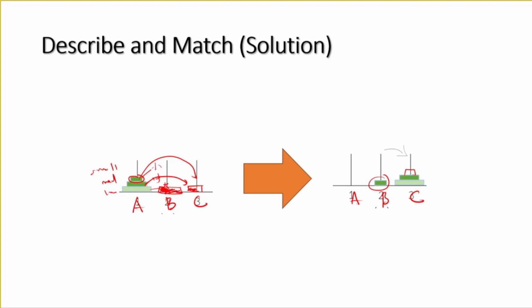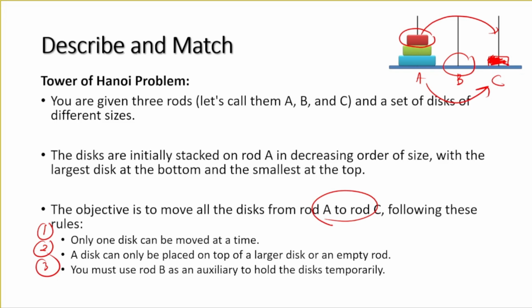Okay, understand? That's the second rule. Then what happened to the third? Now, rule number 1: B and C cannot be moved at one time simultaneously. So meaning one by one, right? So those are the rules given in this particular describe image.